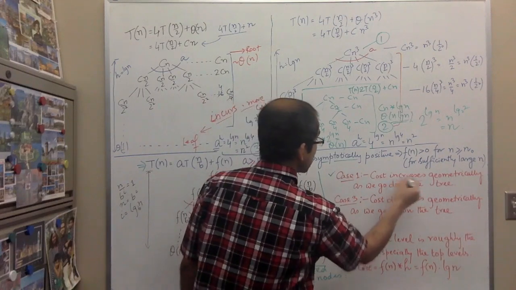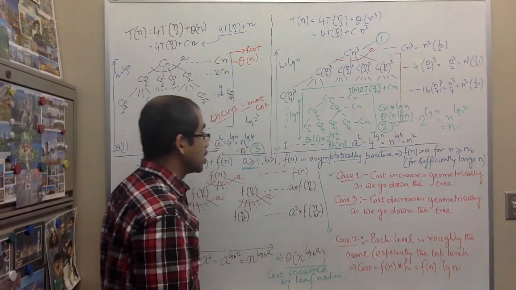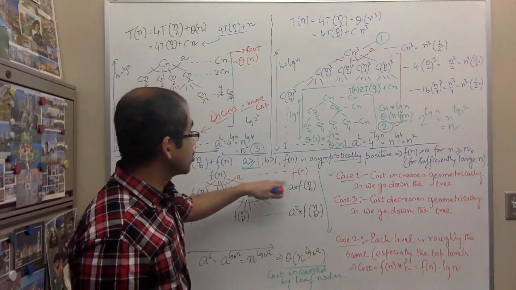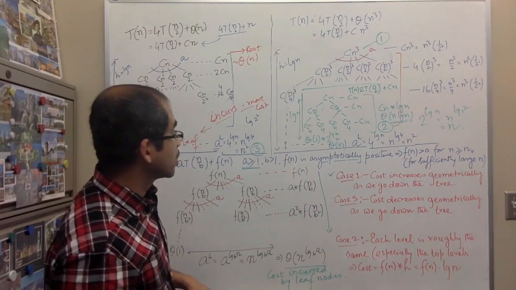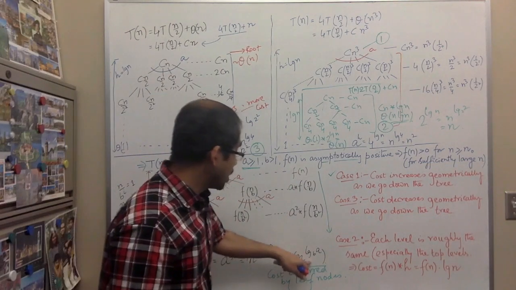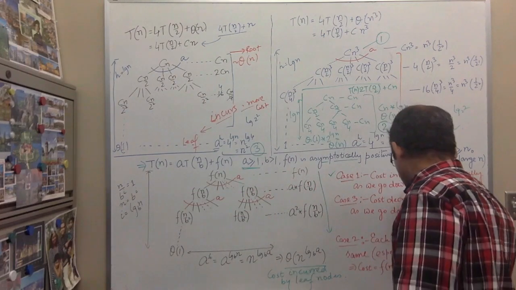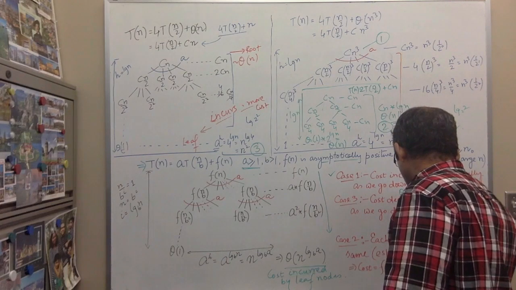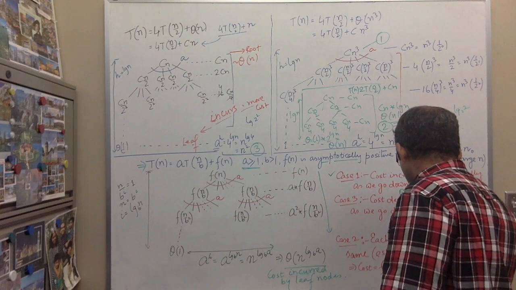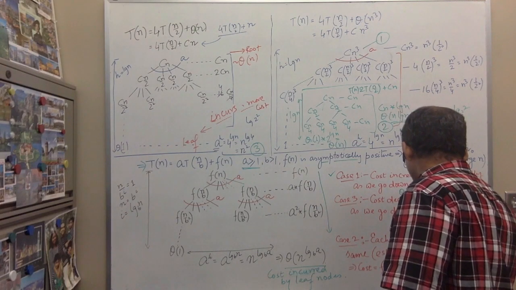Cost increases geometrically as we go down the tree. Which one has the major contribution of cost? The leaf dominates: theta of n to the power log a to the base b dominates.